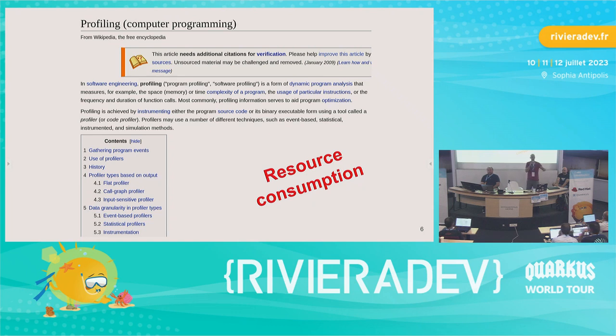Recently, carbon consumption. There is a direct proportion between CPU usage and carbon, and memory, but still it is a separate kind of resource that you could be interested in. So profilers are there to show different types of resources that you care about.